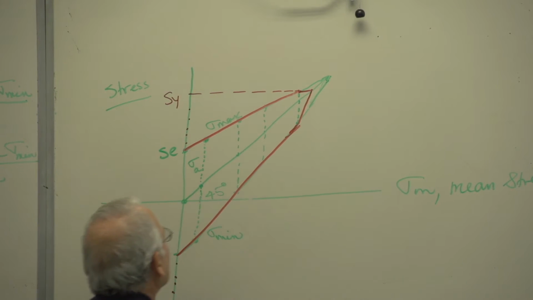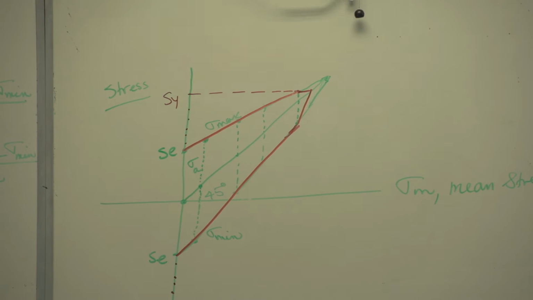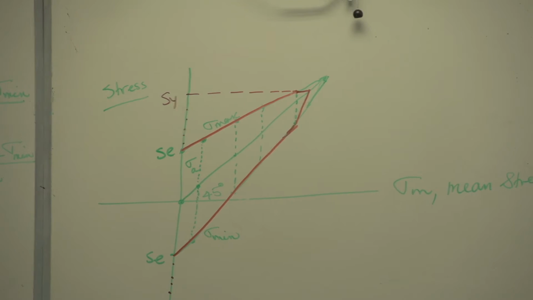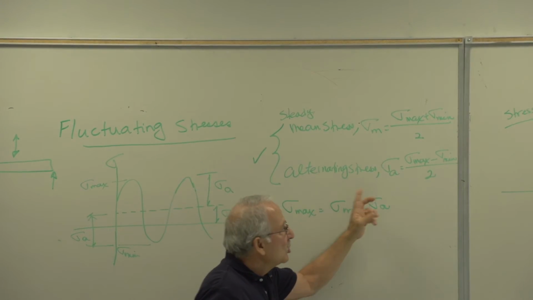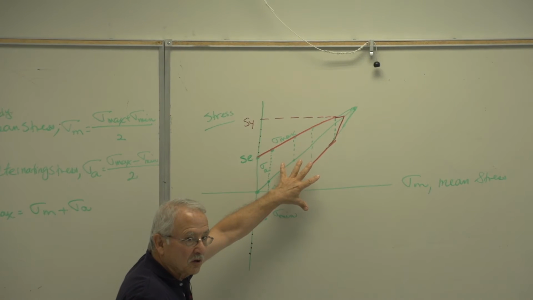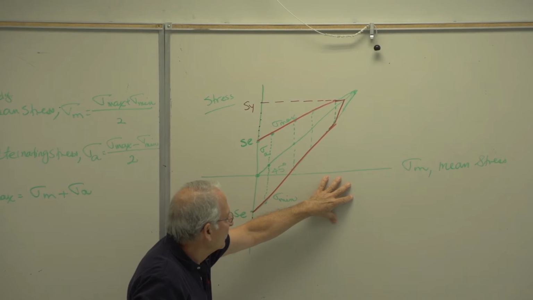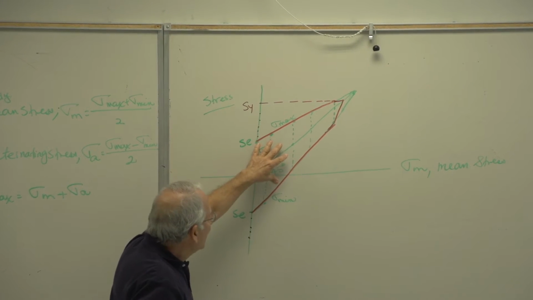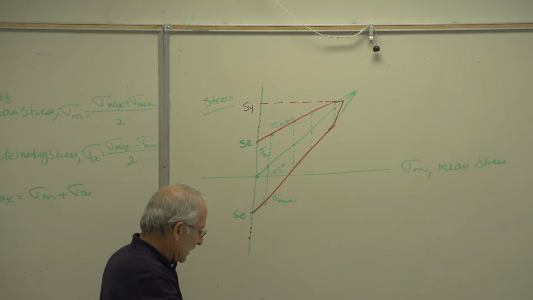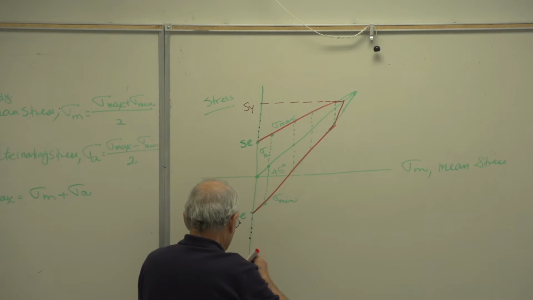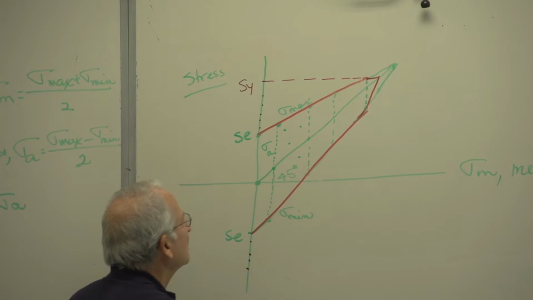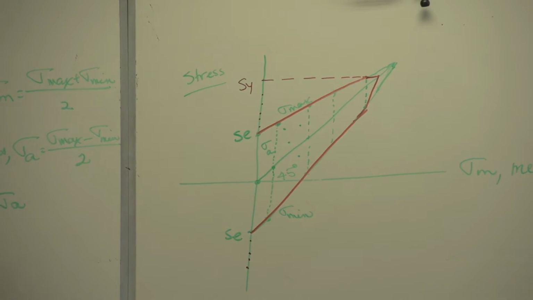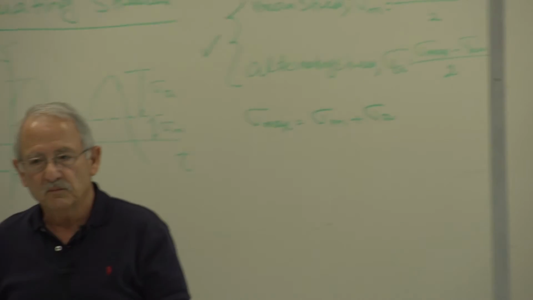So now, if you have the variation of your stresses from some maximum to some minimum, you calculate the mean and alternating values, you plot them here. You plot the mean on the abscissa and alternating on the ordinate. If your point falls within this region, it means there is infinite life with some sort of a factor of safety.